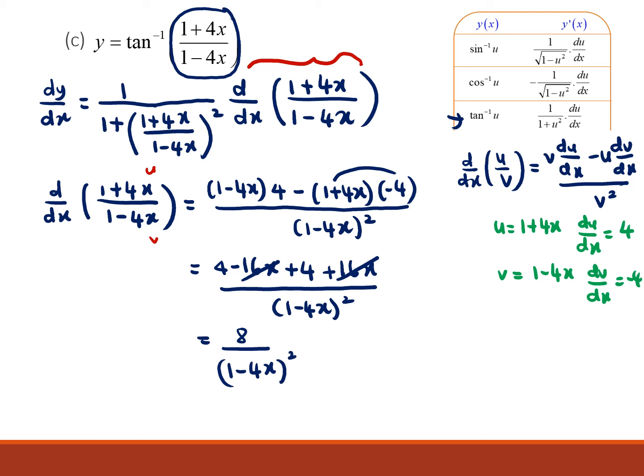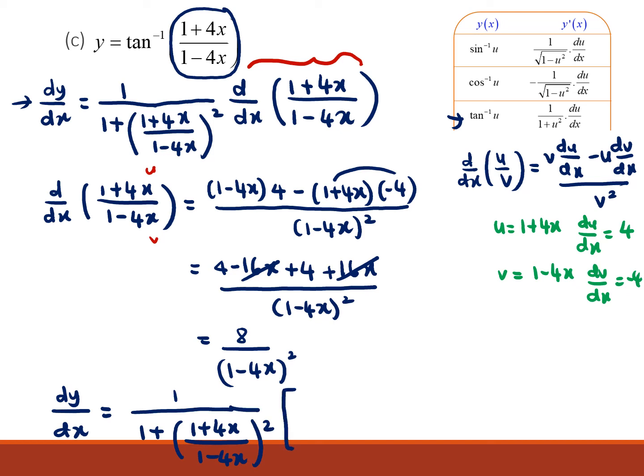So now we have solved our quotient part here. So what we can do next is just substitute back into dy over dx, where this would be equal to 1 over 1 plus (4x over 1 minus 4x) squared times 8 over (1 minus 4x) squared.